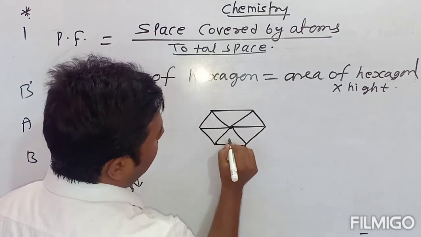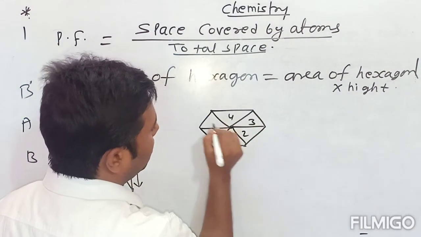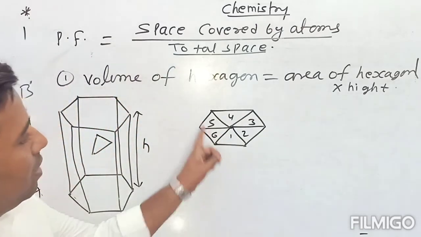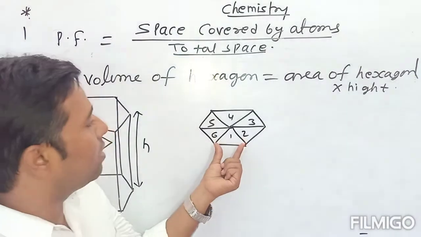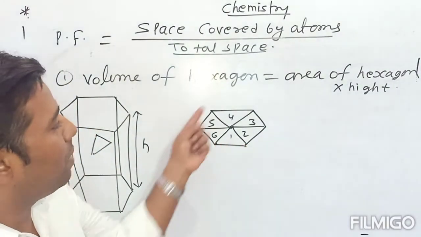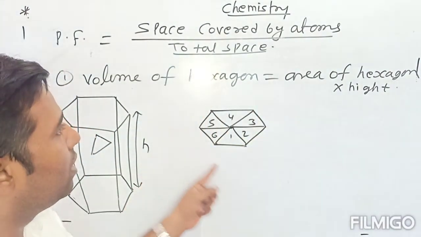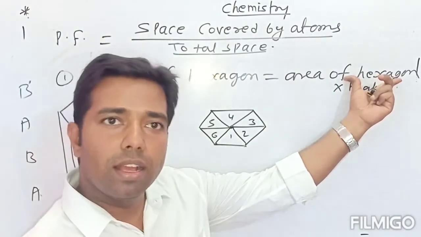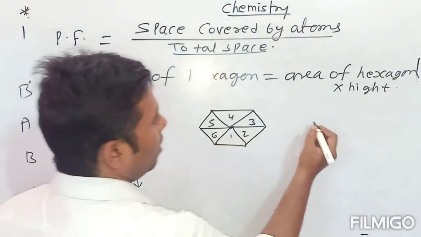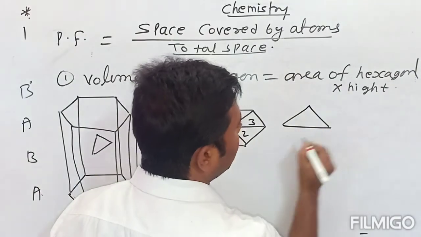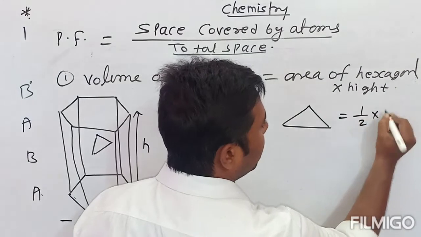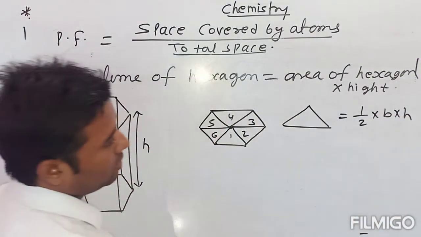The area of the hexagon may be calculated by this concept. One hexagon has 6 triangles. So if we can find the area of one triangle and multiply by 6, then the total area of the hexagon will be calculated. The area of a triangle is equal to half into base into height.